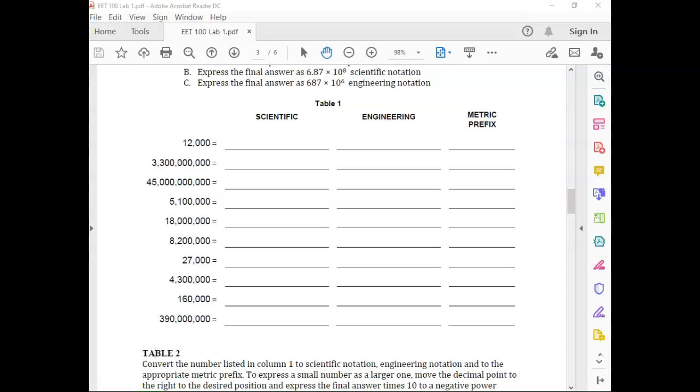Sorry, I have to fit another couple of zeros in there. So what is the scientific notation for number 2? 3,300,000,000. Would it be 3.3 times 10 to the ninth? That it would be.